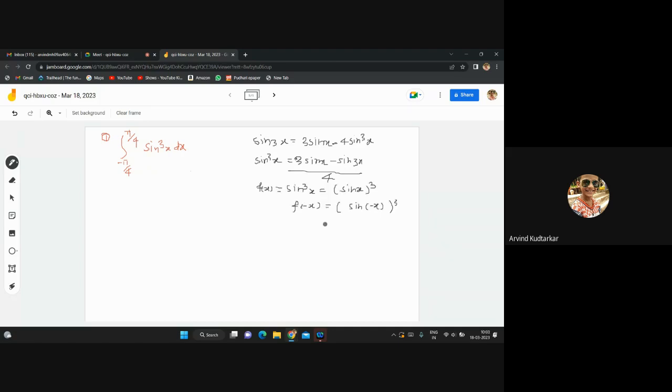And sin of minus x is what? Sin of minus theta, it is minus sin theta. असं मिळेल तुम्हाला, minus sin theta raised to 3. And what is the cube of that function? Minus 1 cube, it is minus into sin x whole cube. बरोबर आहे ना? म्हणजेच काय मिळणार? Minus function of x. So function of minus x is minus function of x.